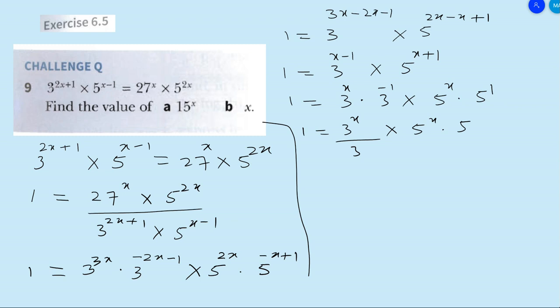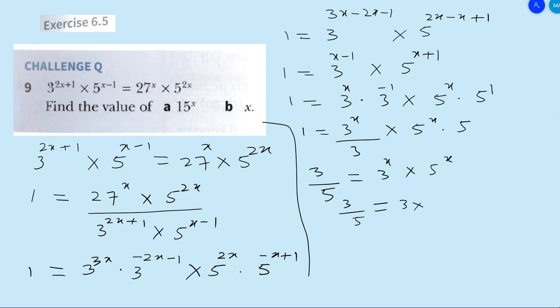This 3 is divided over here, so it should be multiplied by 1 on the other side: 3. Similarly, this 5 is multiplied over here, so it should be divided on the other side: 3 upon 5. And this is 3 to the power x into 5 to the power x. If exponents are the same, then you can multiply the bases, because 3 has exponent x and 5 also has x, so we can directly multiply.